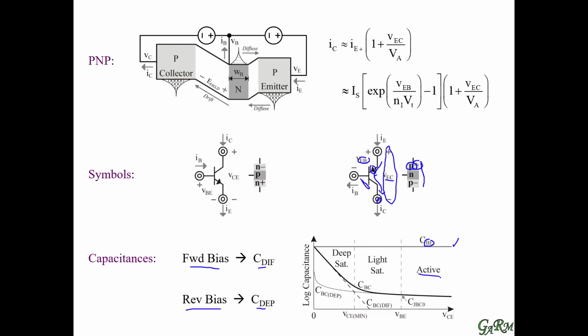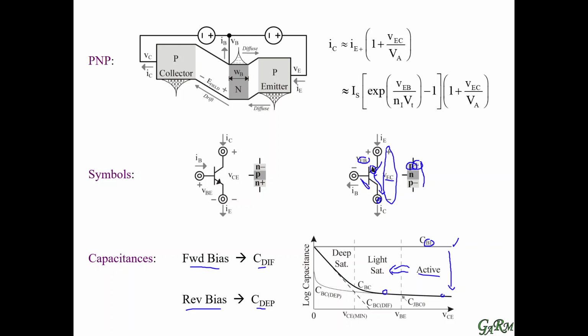In the forward active region, the base collector junction is reverse biased, so it gets a depletion capacitance which is a lot lower.